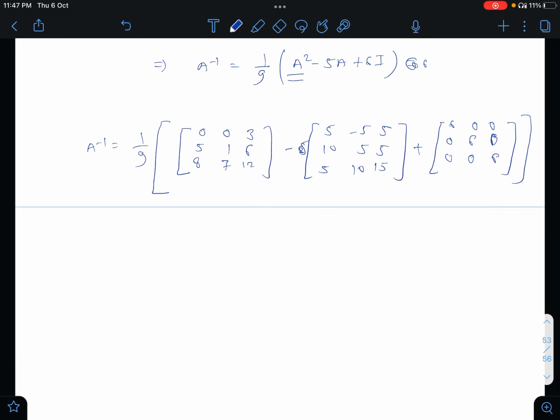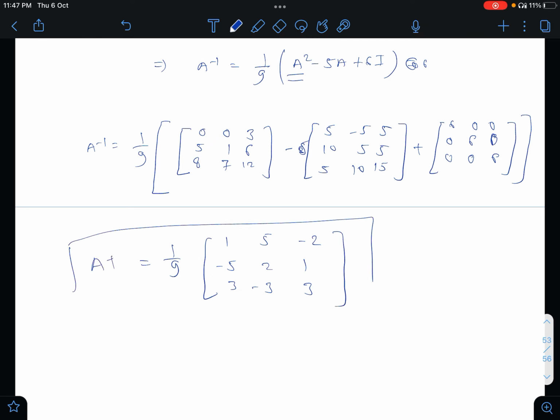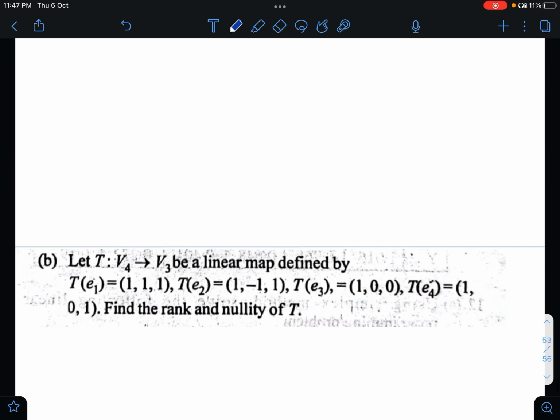By adding all these three matrices, we get 1 by 9 times [1, 5, -2; -5, 2, 1; 3, -3, 3], which is A inverse. This is the answer to the asked question.